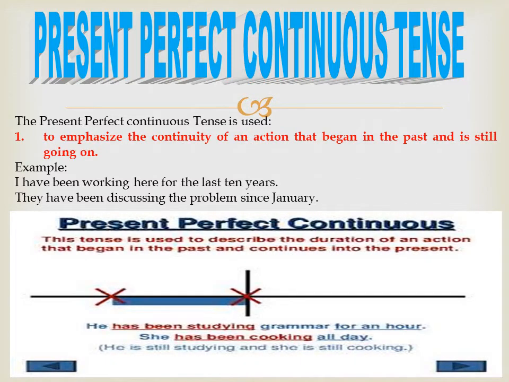Now you see certain more examples here. He has been studying grammar for an hour. She has been cooking all day. It means that he is still studying grammar and she is still cooking.